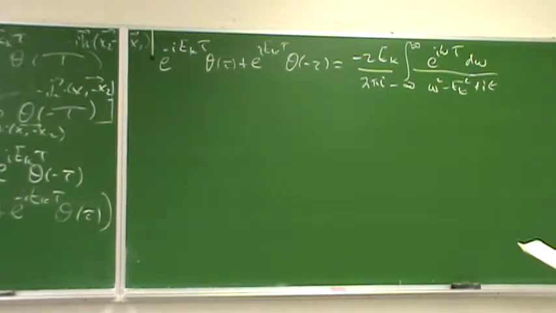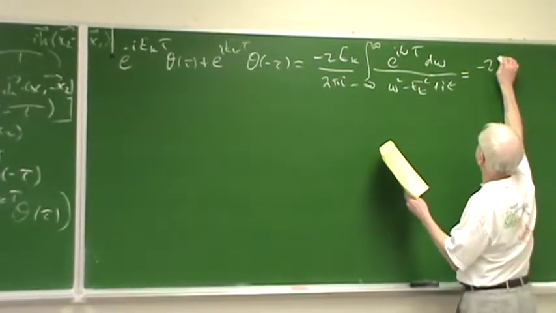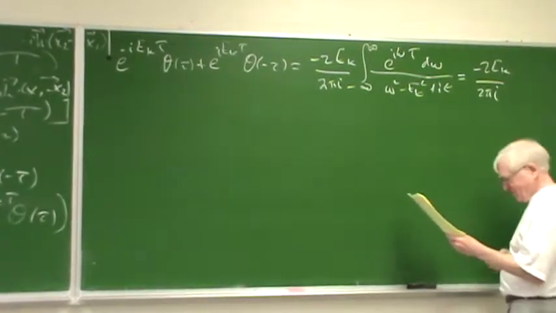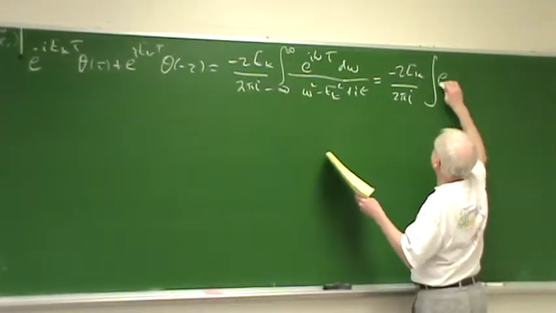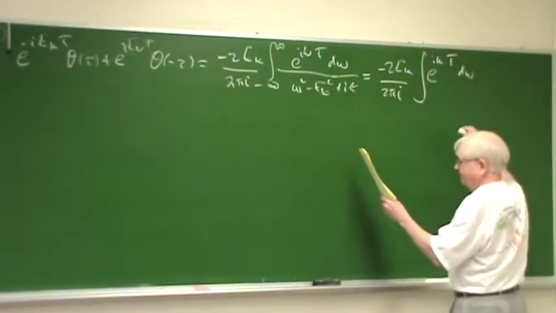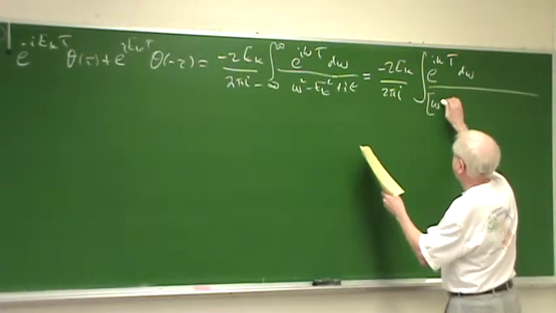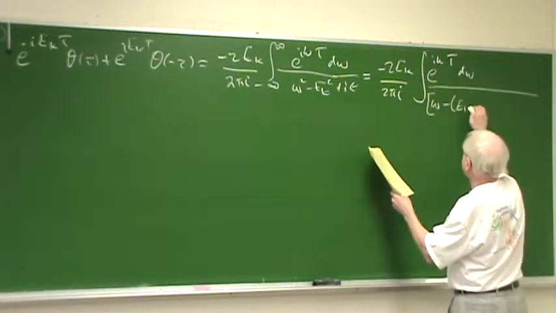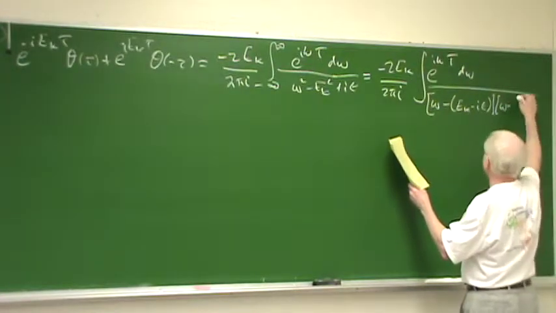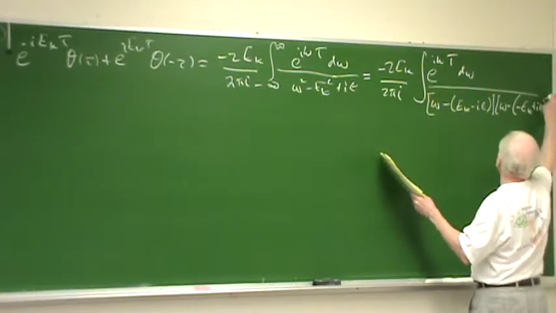Okay, so we of course factorize this denominator, and it's minus 2e_k over 2 pi i, of course, that means we're going to do a contour integral. E to the i omega tau d omega, and now factorizing this, it is (omega minus e_k minus i epsilon)(omega minus e_k plus i epsilon).